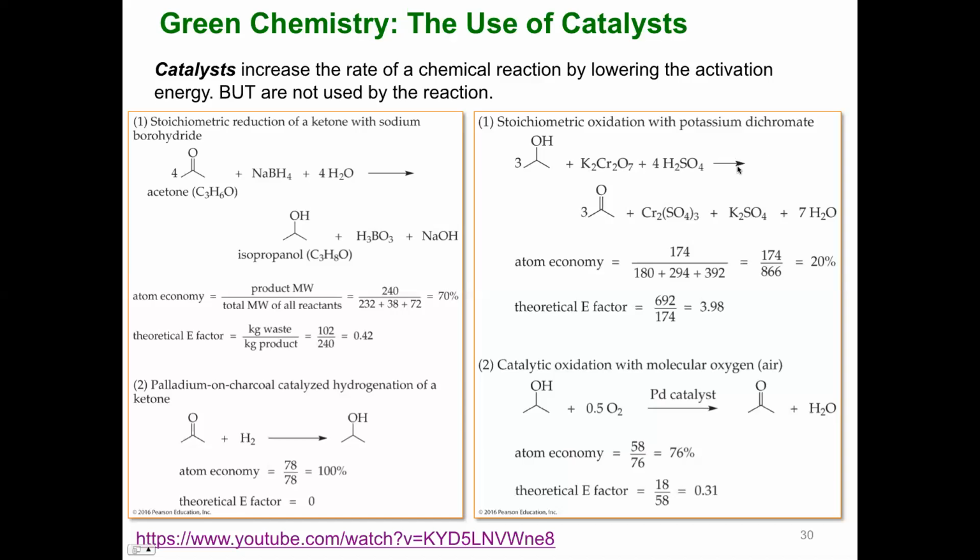And you can see doing this the chemical way without a catalyst, my atom economy is 20%. Now, if I add in a catalyst and I oxidize this directly with oxygen, instead of using all these other chemicals, I'm not at 100%, but I've improved my atom economy greatly by doing the reaction in this way.